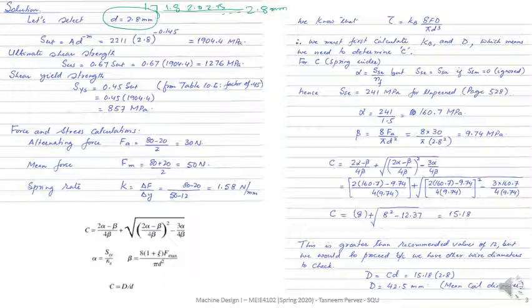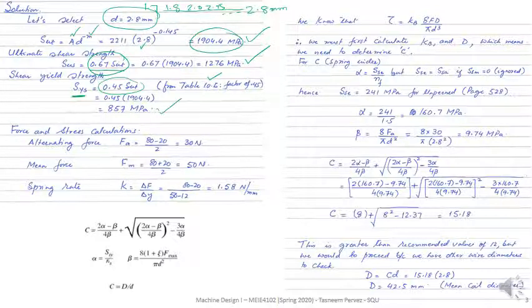All the wire diameters that are given in the question. Since I know A and M and I know the wire diameter, this is my ultimate tensile strength and this is my ultimate shear strength, which is 67% of SUT. And I can calculate the yield strength in shear, which is from table 10.6, and I have taken over here the cheapest, basically before set removed, not after set removed.